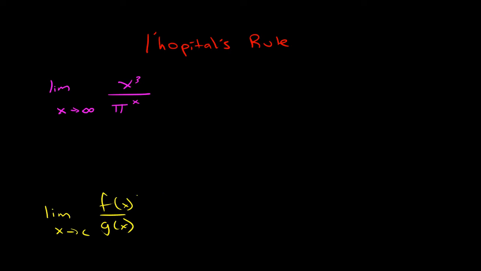So how would we solve this? Using L'Hopital's rule, this is just equal to the same limit, lim x approaches c, but we take the derivative of the denominator and numerator separately. So f prime x over g prime x. This prime notation just means derivative.